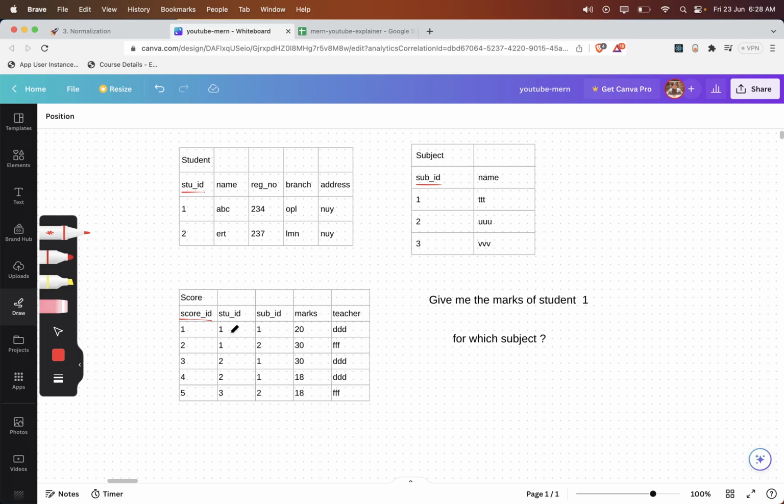But if you observe carefully, if you combine these two things, they create the primary key. It's a composite key. And see, these are the unique values: 1 1, 1 2, 2 1, 3 2. So instead of considering score ID as the primary key for the score table, the combination of these two columns makes more sense.